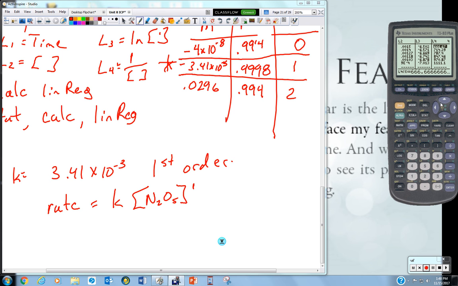And then for L3, for first order, it'd be ln A. So that one you do ln second L2. And that way you don't have to do each one manually. It does it all at one time. It just saves you some time.